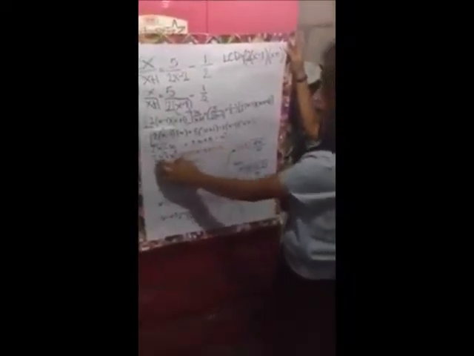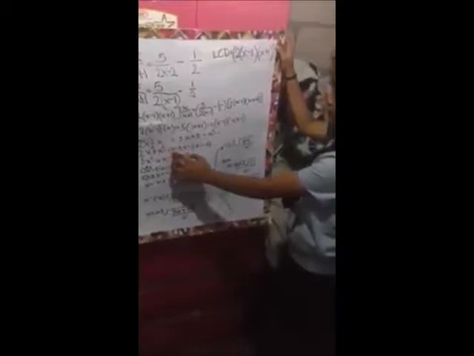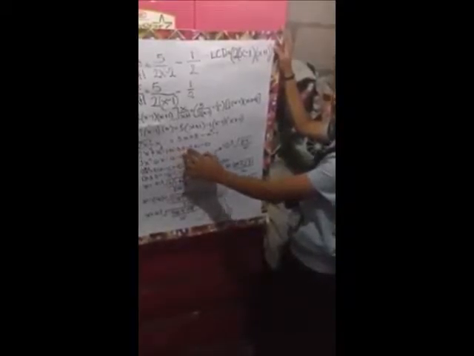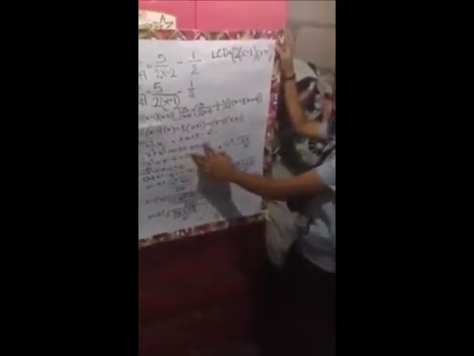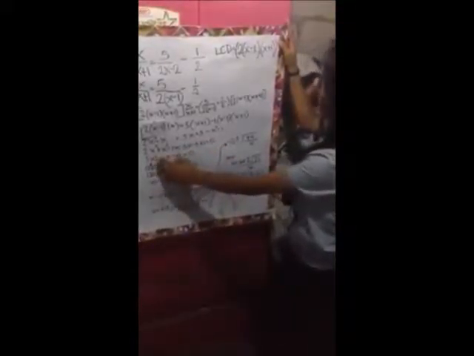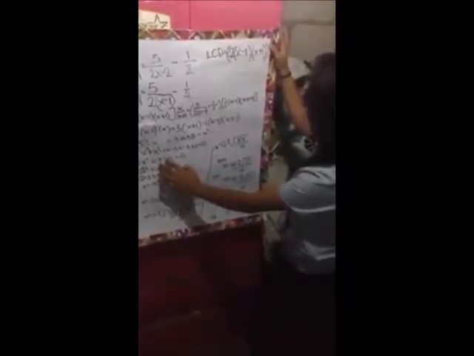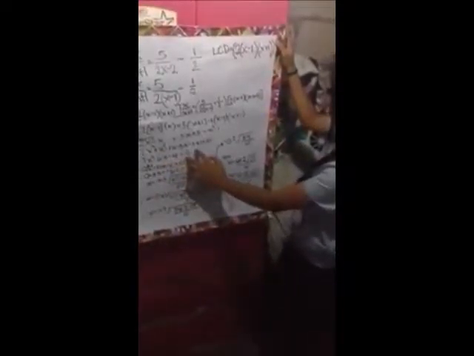The answer is 2x squared plus x squared minus x minus 5x minus 5 plus 1 is equal to 0. The answer is 3x squared minus 6x minus 4 is equal to 0.